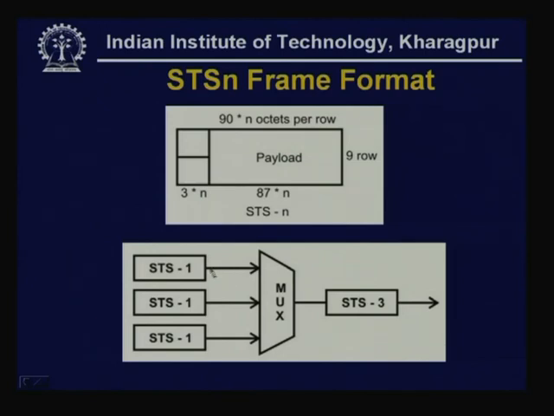For example, 3 STS1 signals can be combined with the help of a multiplexer to form an STS3 signal, and in general we can have the STSN frame format, where as you can see the overhead columns are provided at the front, which has got 3 into n columns, and the remaining 87 into n are essentially the payload, of course, out of which there are path overheads present, which is not shown here.